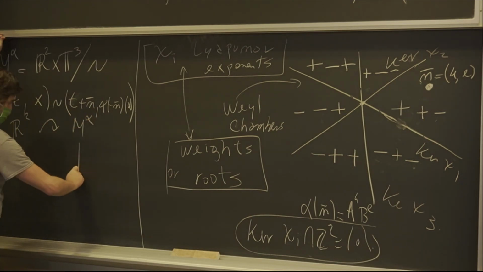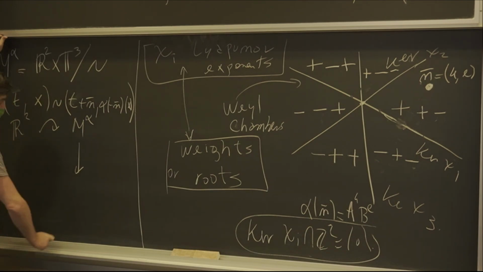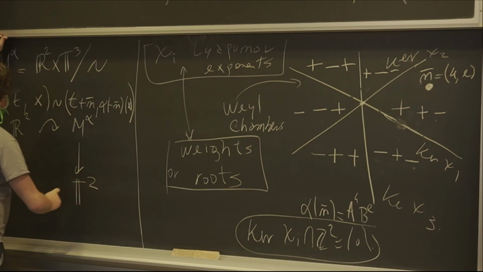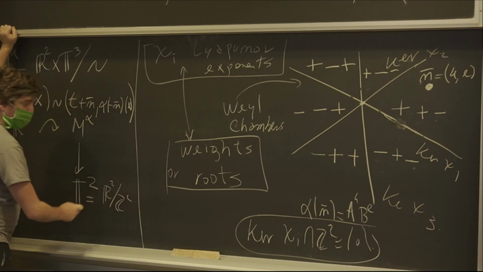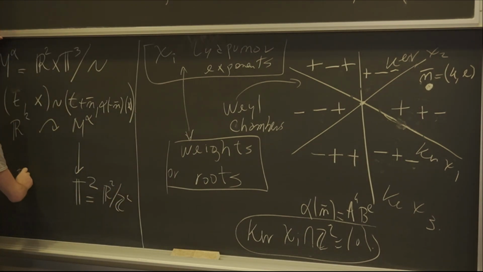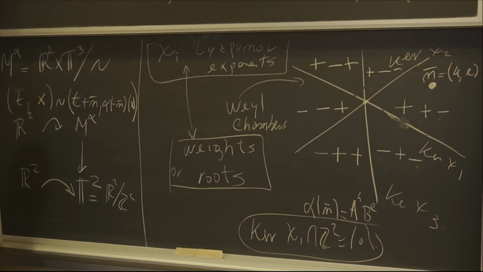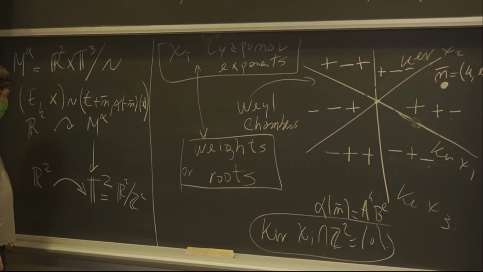And as before, this fibers over T2, which is R square over Z square, with the corresponding R square action here, which is the standard transitive action on T square by just multiplication or addition.